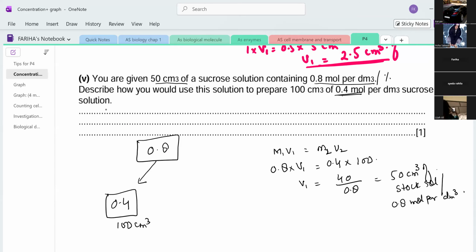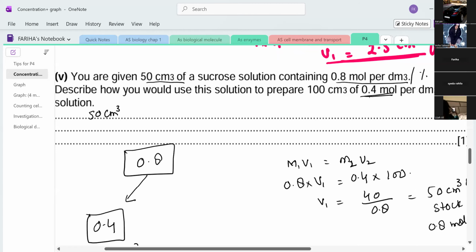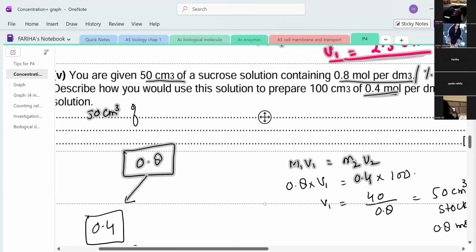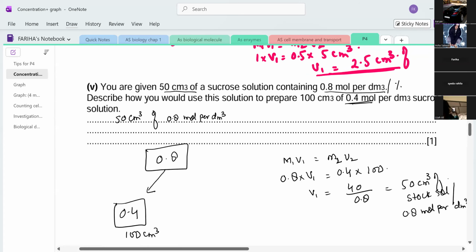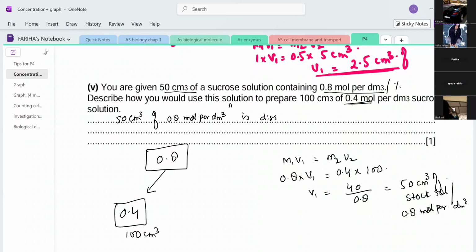50 centimeter cube of 0.8 mole per dm cube sucrose solution is dissolved in distilled water.